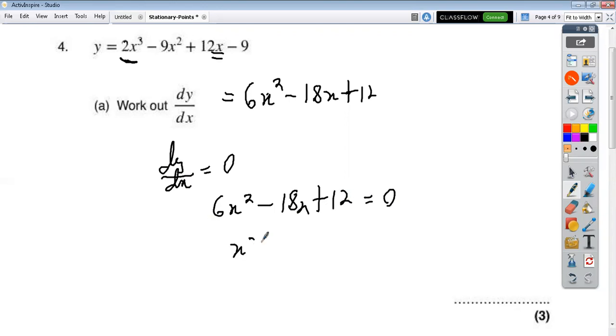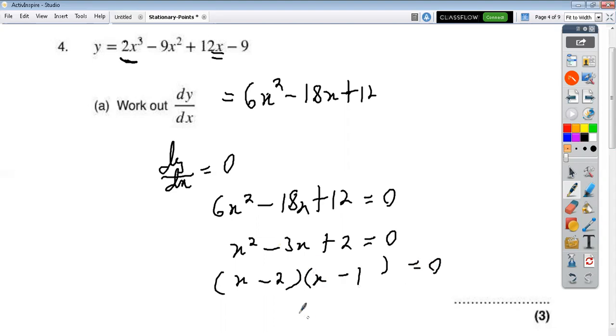You have x squared minus 3x plus 2 is equal to 0. Factorize, because it can be factorized. 2 numbers that when you multiply give you positive 2, when you add them give you negative 3. x minus 2 brackets x minus 1 is equal to 0. So straight away x is equal to 1 or 2.